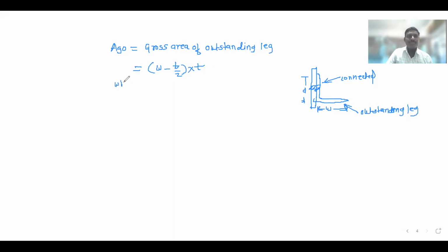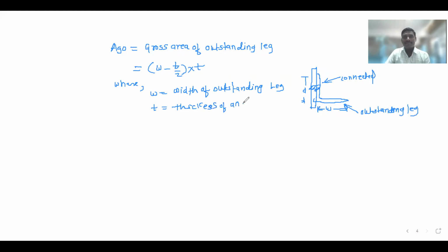Where W is the width of the outstanding leg, and T is the thickness of the angle. Got it? How to calculate gross area? Everyone?